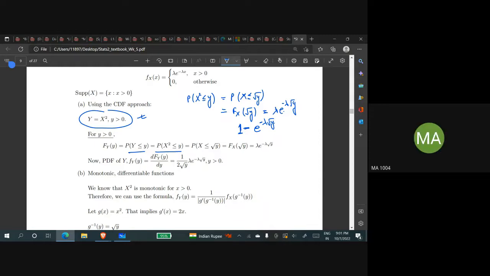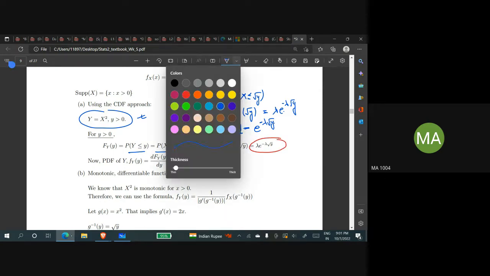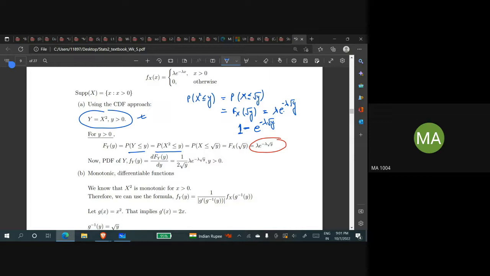This has to be corrected, right? Just mark it here, this is wrong. So what is the differentiation of 1 minus e to the power minus lambda root y?